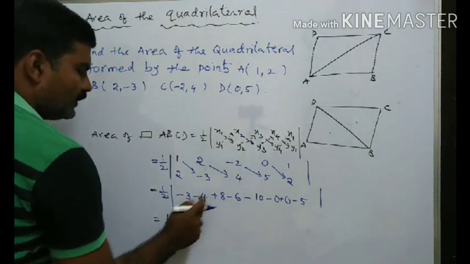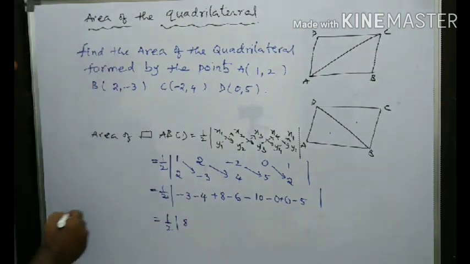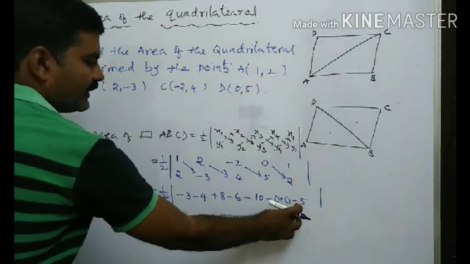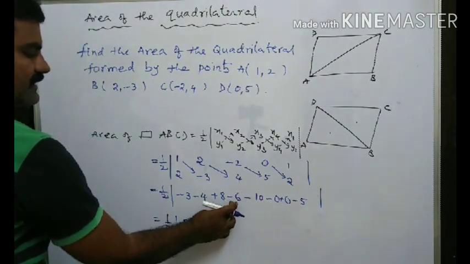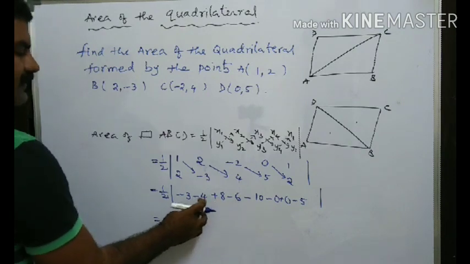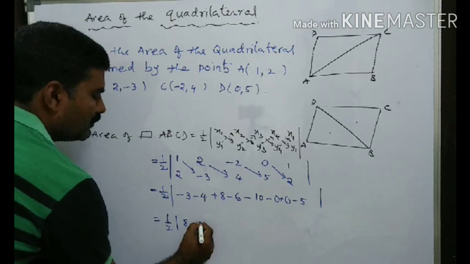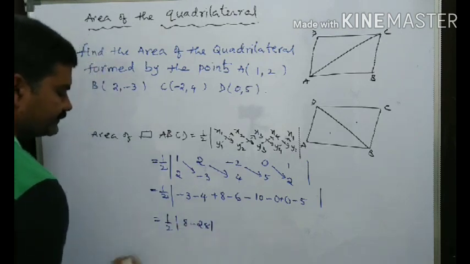So we have only one positive value, that is +8. The rest of them are all negative. So let us add them. 10 and 5 is 15, 15 and 6 is 21, and 7 more is 28. So -28.